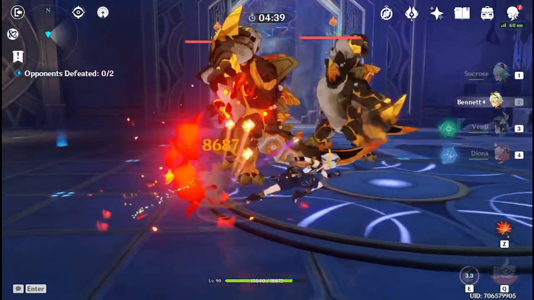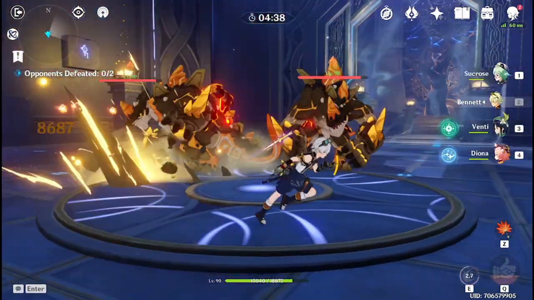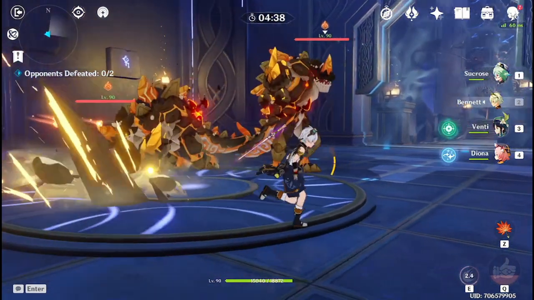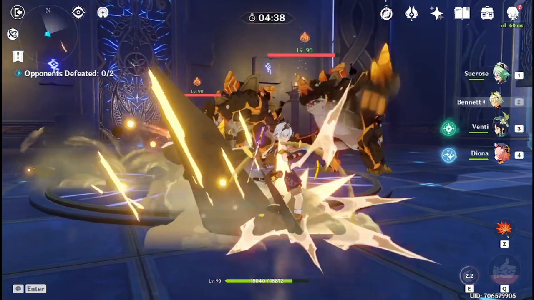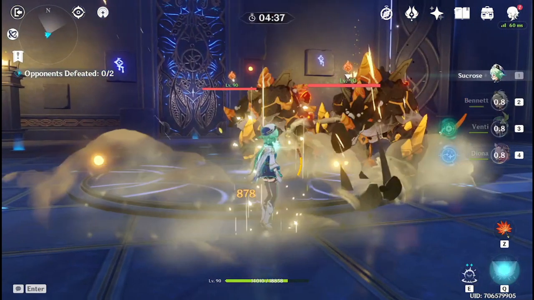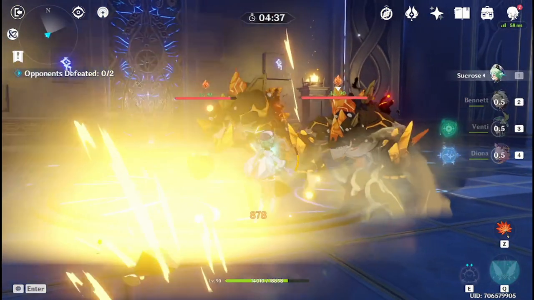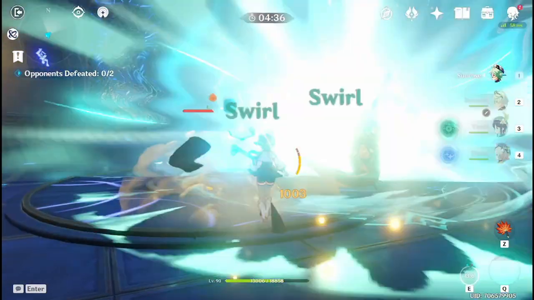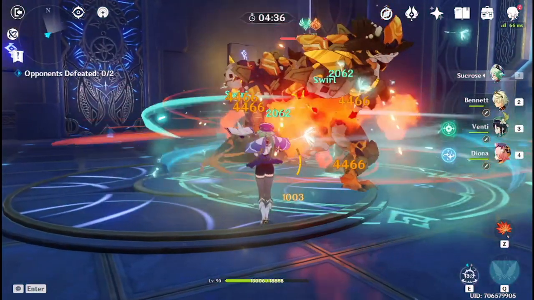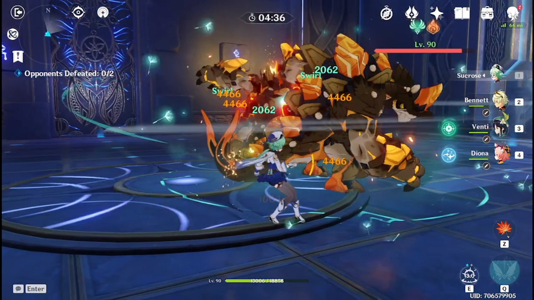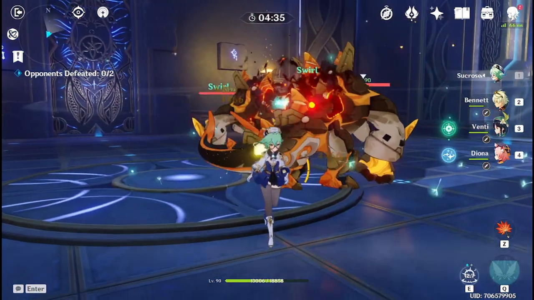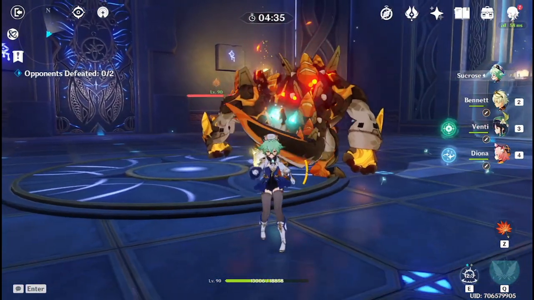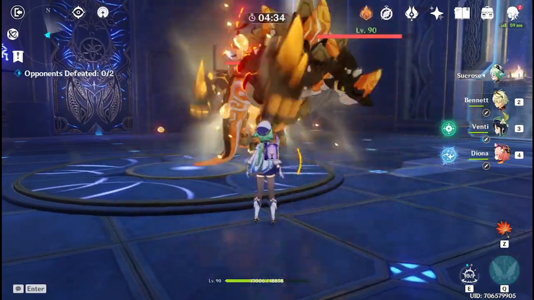That means if there are two targets and you hit them with an Anemo attack, both of them will get swirl damage. This damage will spread to the second monster, which means both of them will get two hits from swirl: one from the monster itself and the other from the monster beside it.